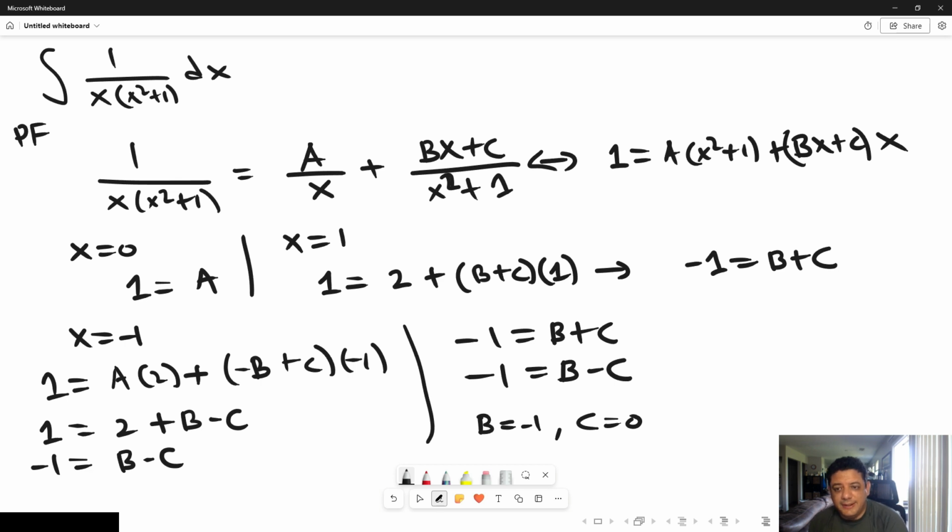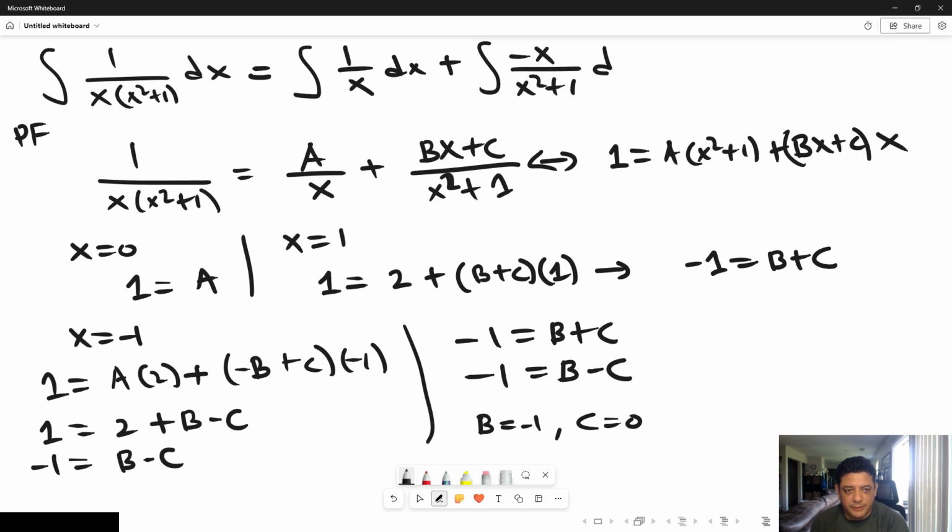So with that now under the belt, we can just rearrange our integral. This is going to be the integral of 1 over x dx plus the integral of minus x over x squared plus 1 dx. And notice that this is something that we can do with a substitution.